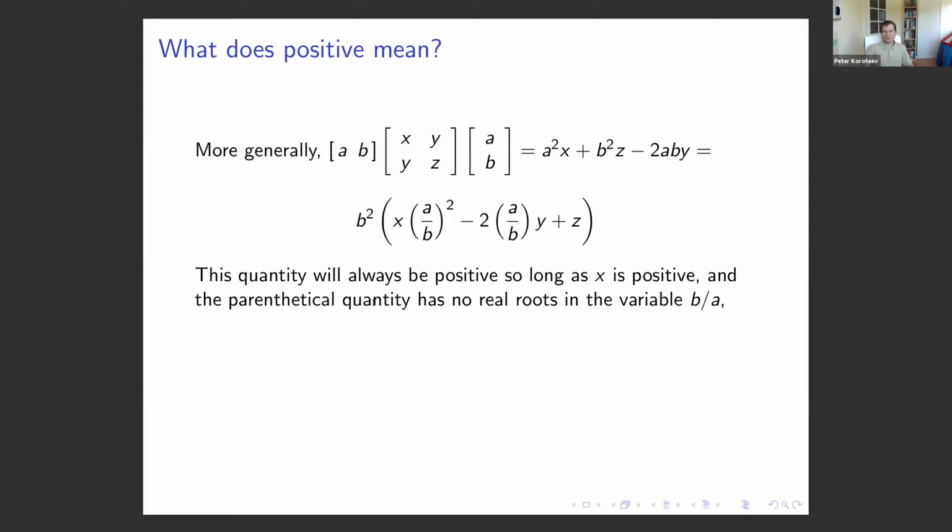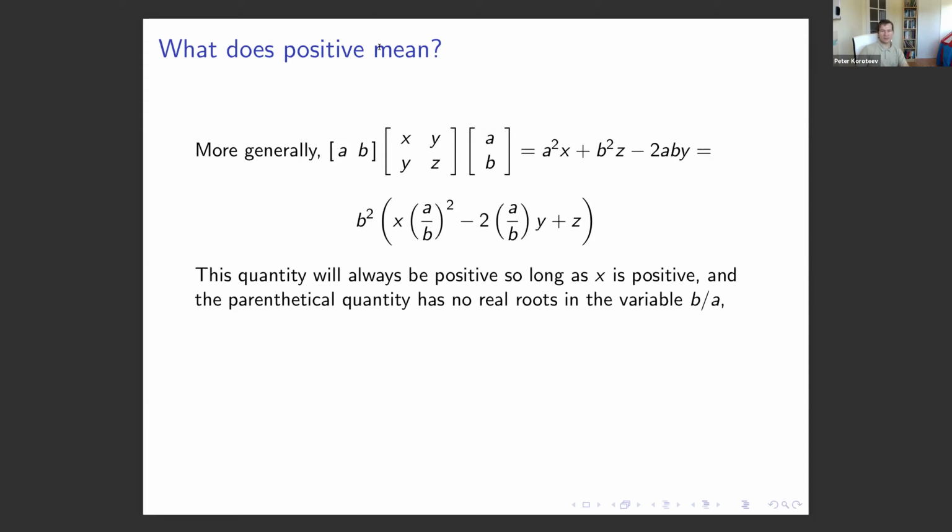And the thing in the parentheses has no real roots in the variable A over B, because if it has, then it will definitely go to negative values.